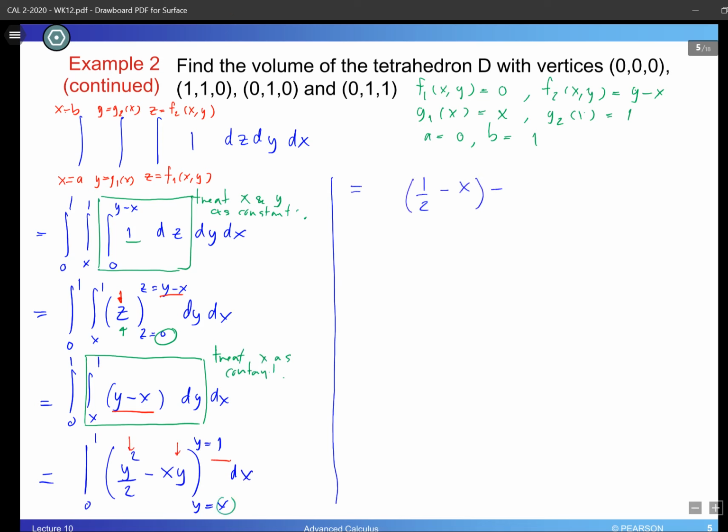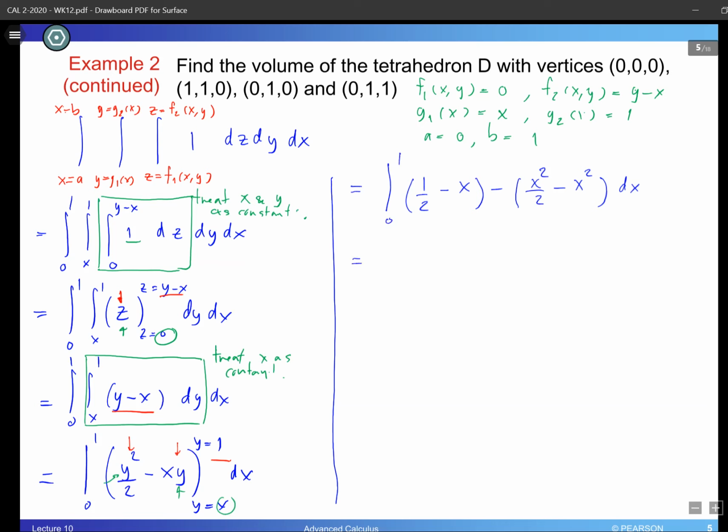This one goes in as y, right here and right here. So I am going to get x squared over 2 minus x squared. Alright, and I'm supposed to integrate this with respect to x, starting from 0 and ending at 1.